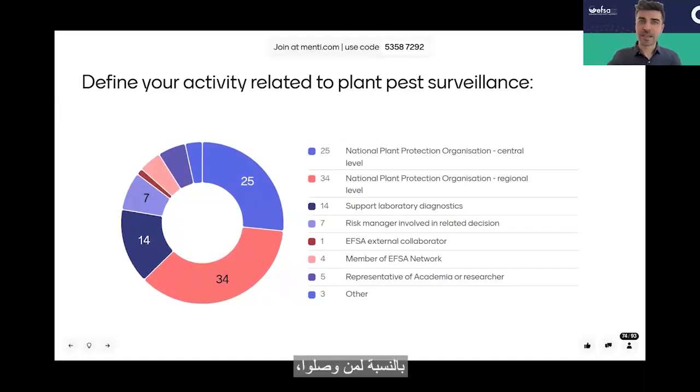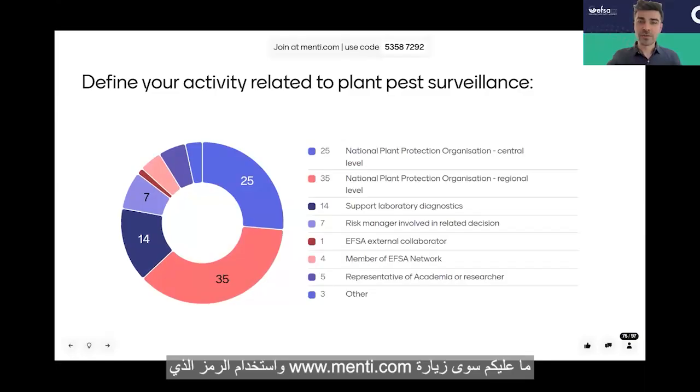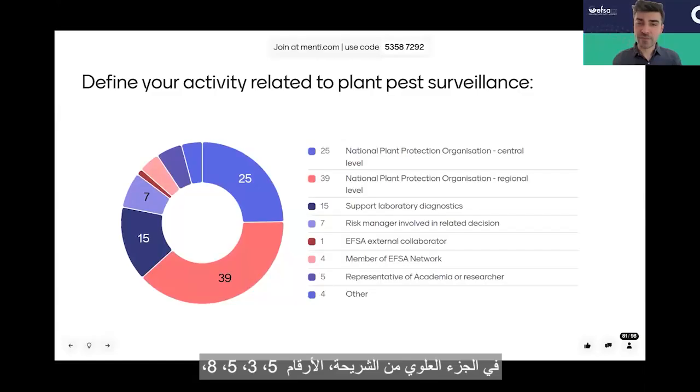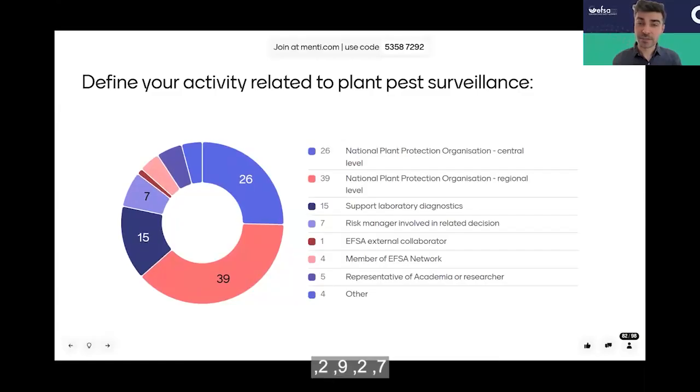For those that maybe came later on, you just have to go to www.menti.com and use the code that you have in the upper side, which is 53587292, and just answer for us to know who is in the room today.